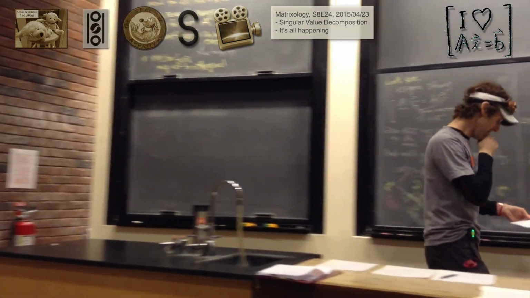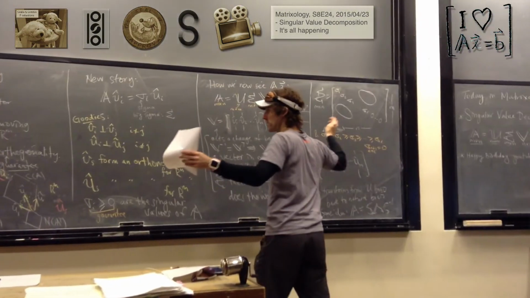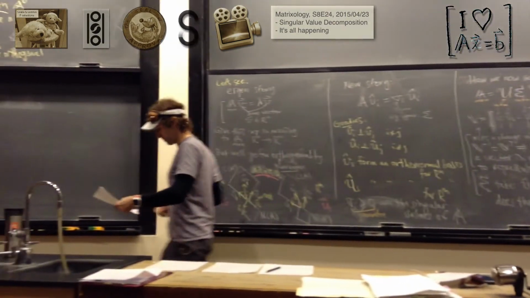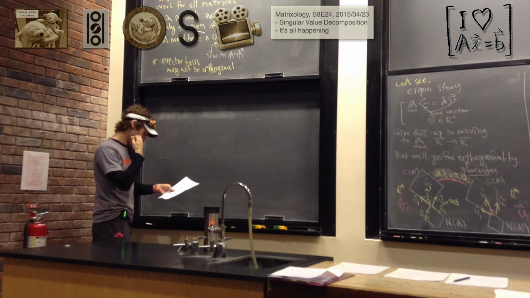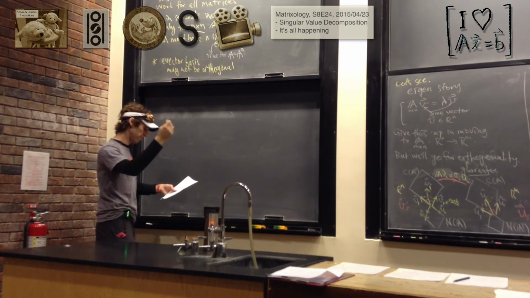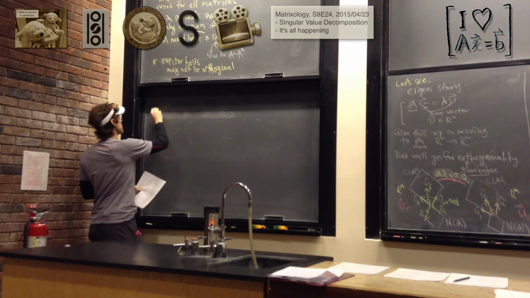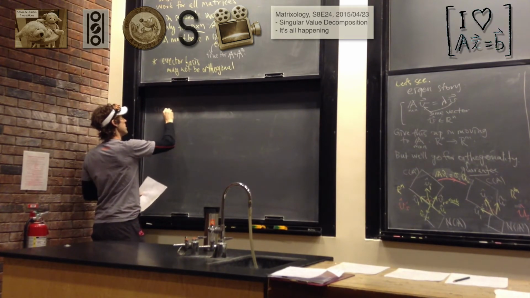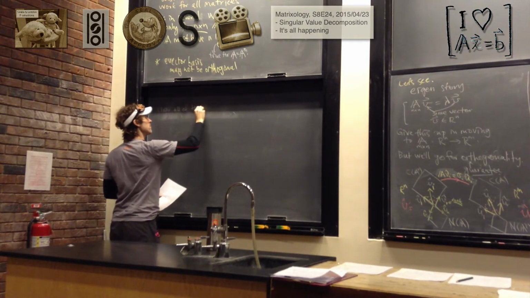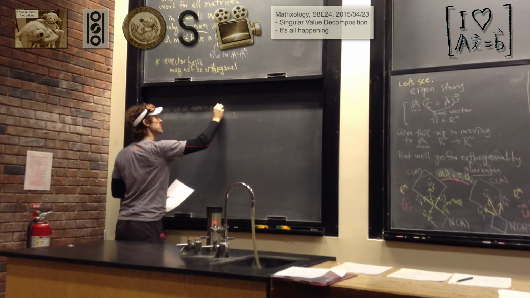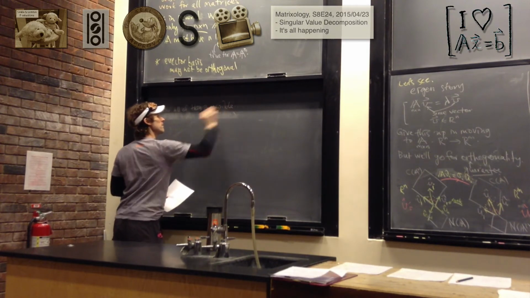All right, so let's see. We want this to be true. So the goal for this now is to show that this is true. The claim is all of this is possible. So let's see if we can do this.